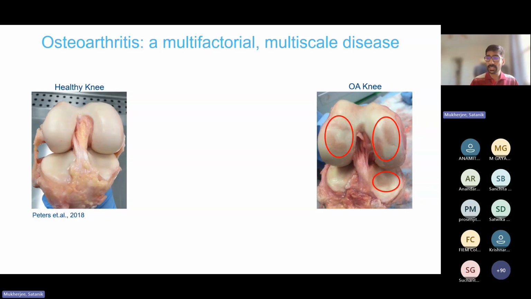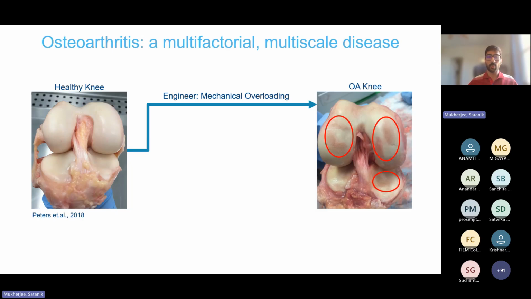The reason I say this is because if we think of it as a multifactorial disease, it means that to treat the disease, we'll also have to understand these different factors and the interdisciplinarity involved in understanding them. Just to give you an example, if you go to a mechanical engineer, especially a biomechanical engineer, and ask what could be the possible cause for damaged cartilage, the mechanical engineer would say it is because of mechanical overloading.